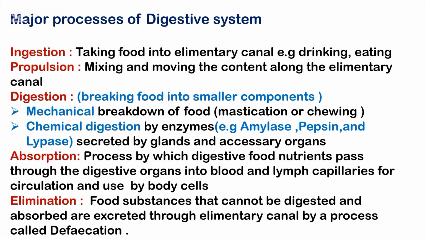Major processes or activities of the digestive system. The digestive system has 5 main activities that are ingestion, propulsion, digestion, absorption, and elimination. The first process is ingestion. When we take food or water into the mouth, this process is known as ingestion.